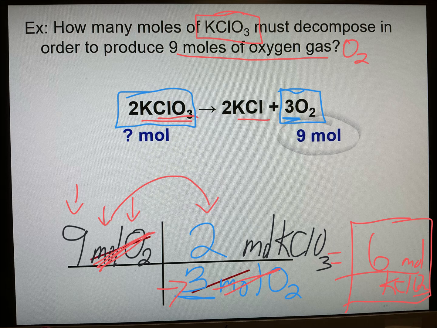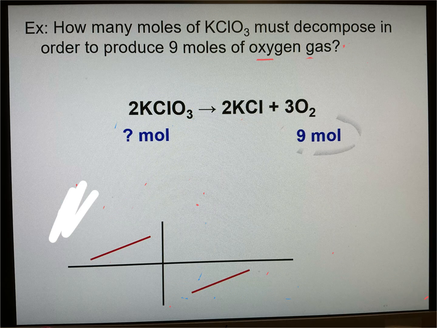Let's do another example. Let's pause this and put another. Instead of 9, let's make this 15 moles of oxygen gas. And instead of looking for KClO3, let's look for potassium chloride. So we're going to look for the mole of potassium chloride, and we are given 15 moles of O2. So this is going to change to 15 moles.